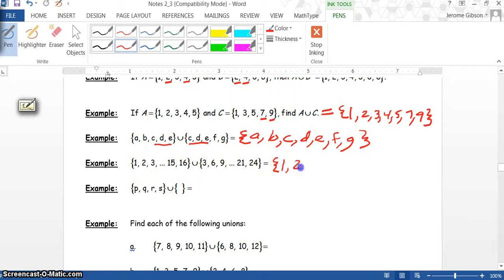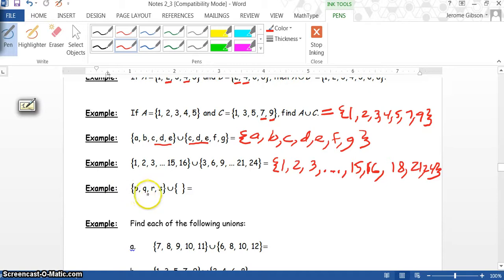We could go 1, 2, 3, and we can do our ellipsis, comma, 15, 16, and then we can look here. Now we know that 3, 6, 9, 12, and 15 is contained in both of these sets. But then after 15, of course, we have our 16, but the next number here would be 18, then 21, and 24. And that would be the final answer.